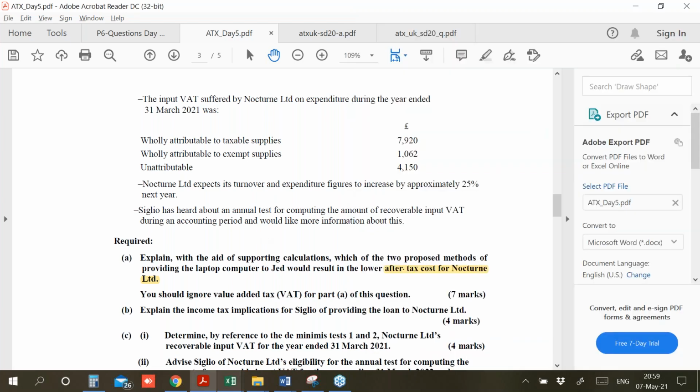Now, I'll tell you that this can be a base for you, that it is very common in real life as well as in your ATX exam, that clients come and already have a few suggestions in their mind. They tell you their suggestions and ask you to compute in which option lower after tax cost or higher after tax proceeds will result.